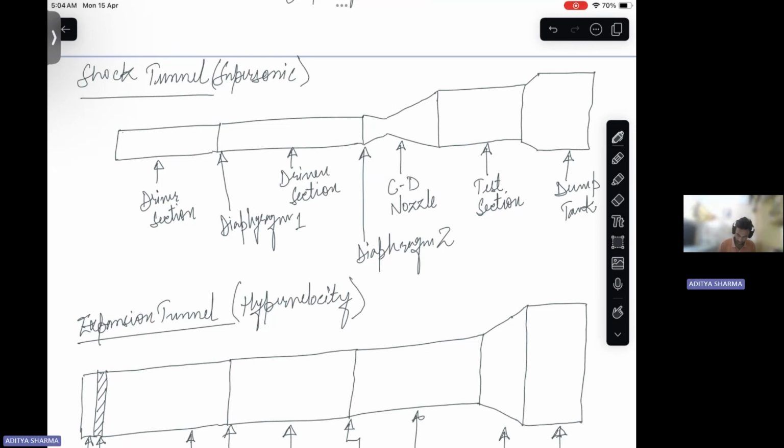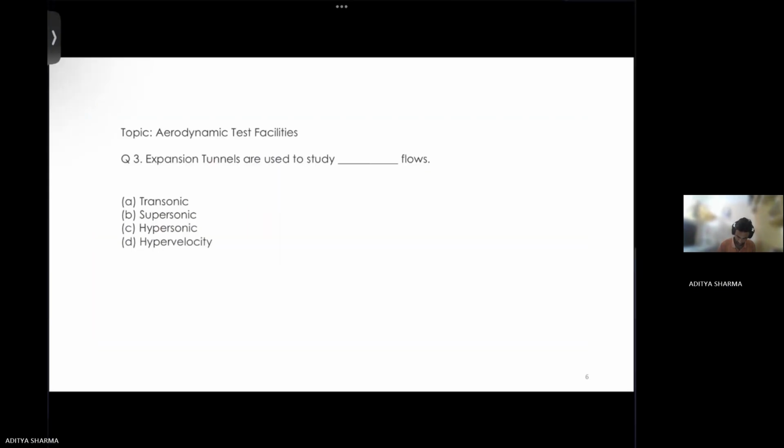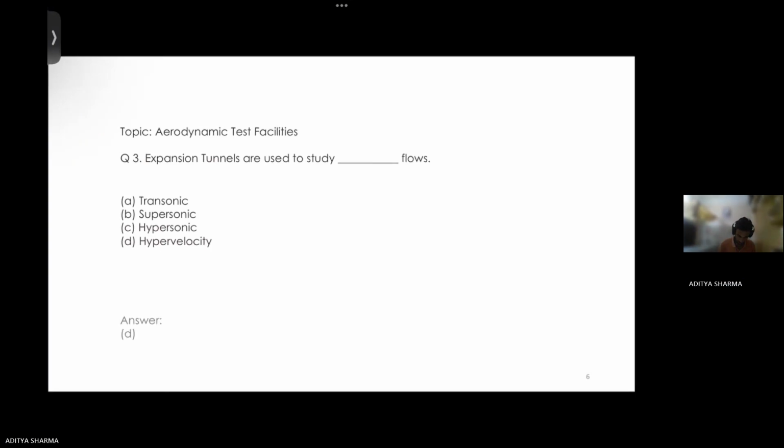So if we see our options, option D is hypervelocity.